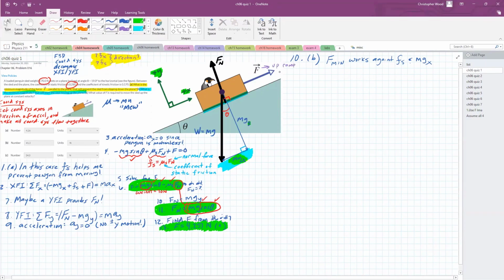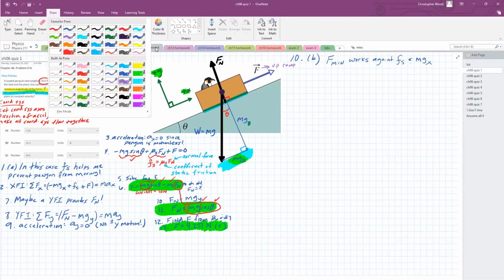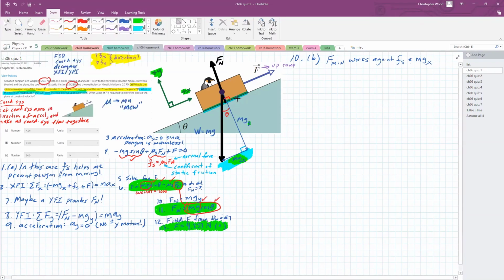And what does static friction do? Static friction tries to resist a change in motion. So this is what static friction looks like. That's static friction. So this is literally the conversation that's going on in my head. Just saying it out loud. But this is up the ramp. So again, remember the role of static friction.